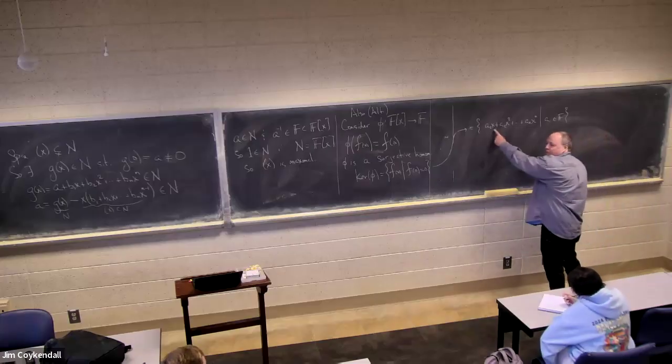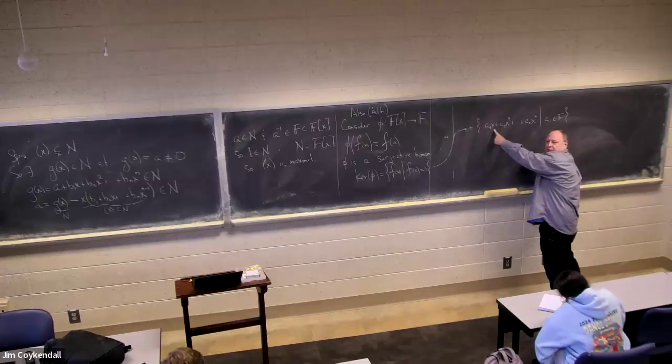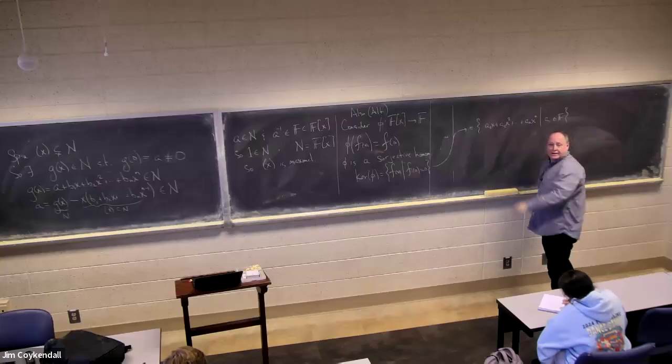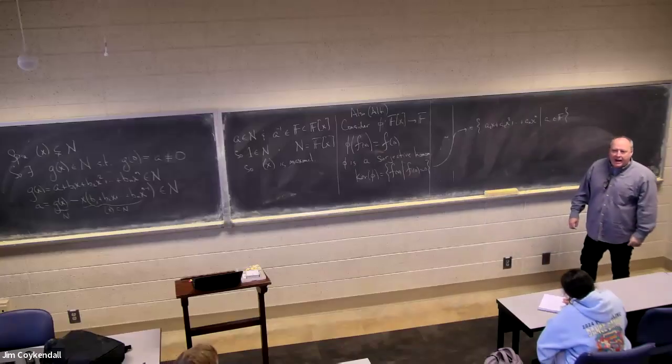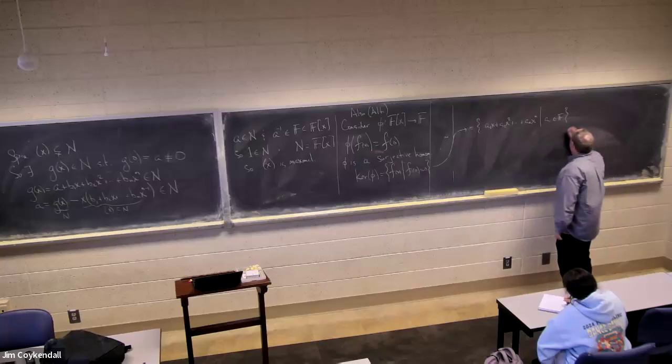And notice every single polynomial in this set is divisible by x. You can pull an x out. This is the ideal generated by x.